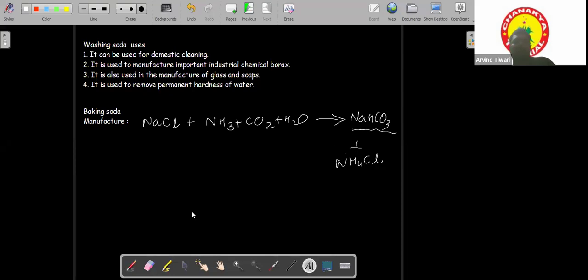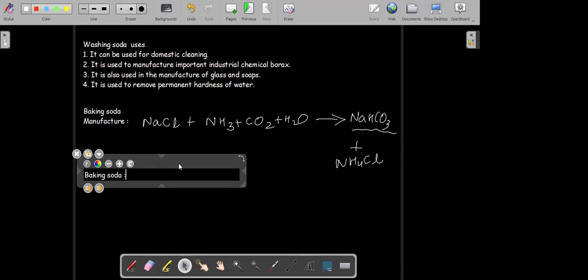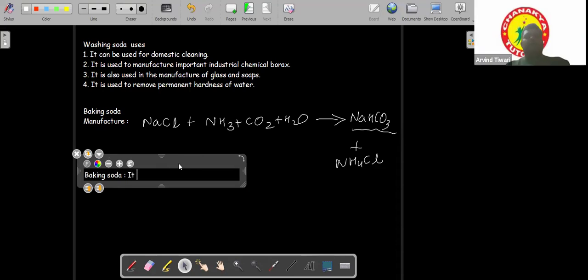Now, as is evident, you can tell some of the uses of baking soda from its name also. So what is the use of baking soda? Used in cakes and the like. Okay, so it is used in manufacture of baking powder. Now see, baking soda and baking powder, they are different.